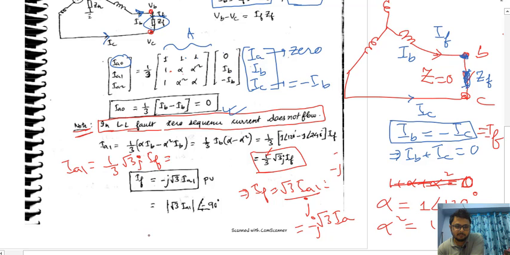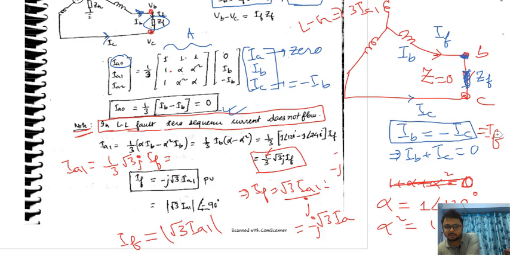Magnitude wise, if you calculate the magnitude, then you need not consider this J. Simply take the modulus, so root 3 IA1. Is it clear? So remember, this is the fault current for a double line fault. And in case of LG fault, what was the fault current? It was 3 times IA1, isn't it?